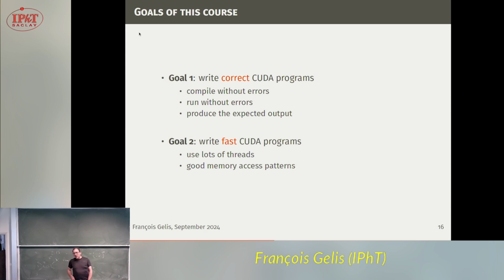But if it runs and produces an unexpected answer, it's a little difficult to debug, in the sense that the usual method of inserting print statements here and there in the program can be done, but it has some limitations. If you do that in a function that will be called by 10,000 threads, you will have 10,000 lines of output, which is basically useless.